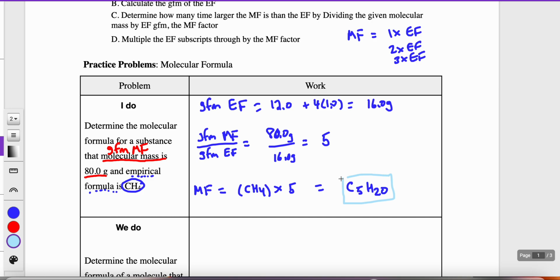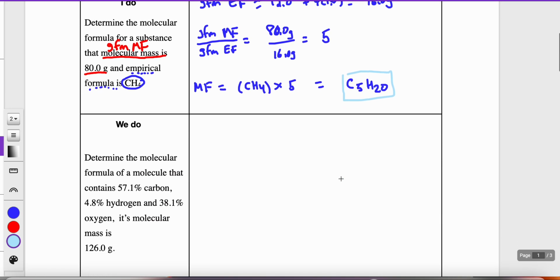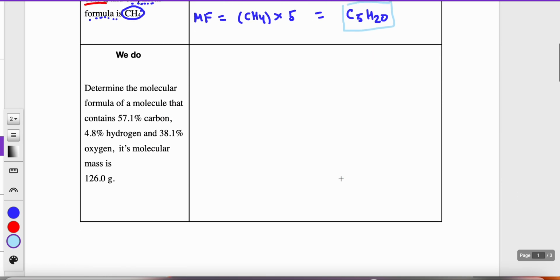Now, we can look at one slightly larger problem. Once again, it reads, determine the molecular formula. And as we read through this, we're not given an empirical formula, but we are told that the molecular mass is 126.0. So that is the GFM of the molecular formula.